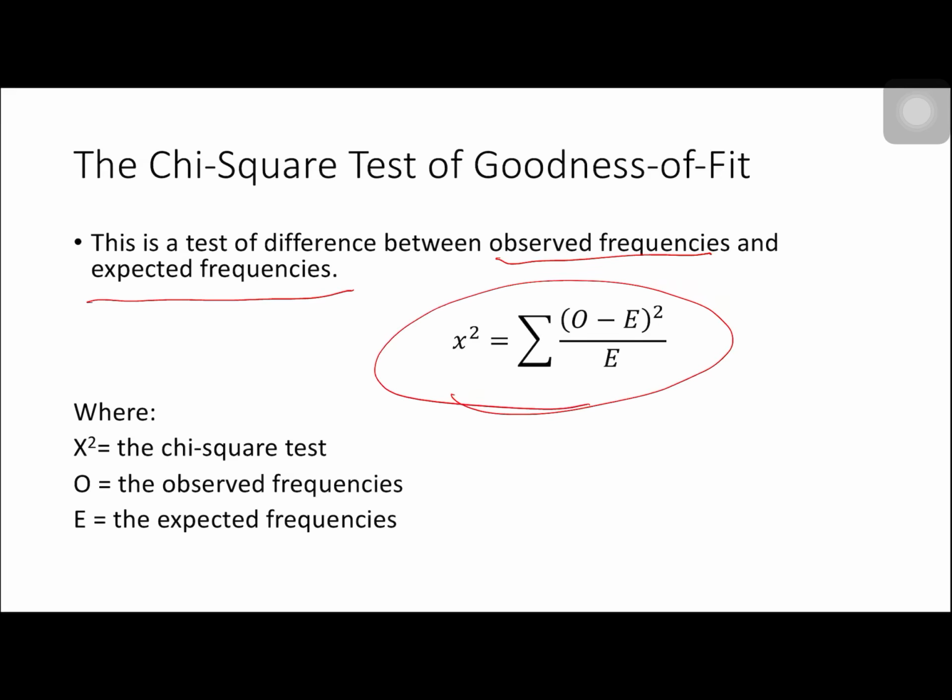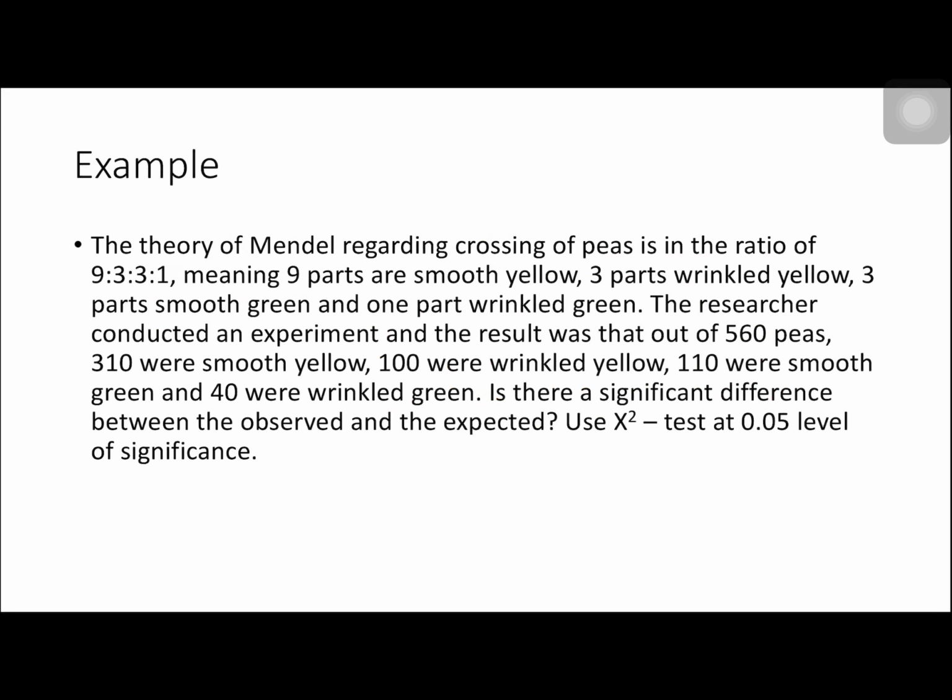The formula that we will be using is chi-square equal to the summation of the observed minus expected, squared, divided by expected. For our example, in Mendel's theory regarding the crossing of peas, the ratio is 9:3:3:1, meaning 9 parts are smooth yellow, 3 parts are wrinkled yellow, 3 parts are smooth green, and 1 part is wrinkled green.